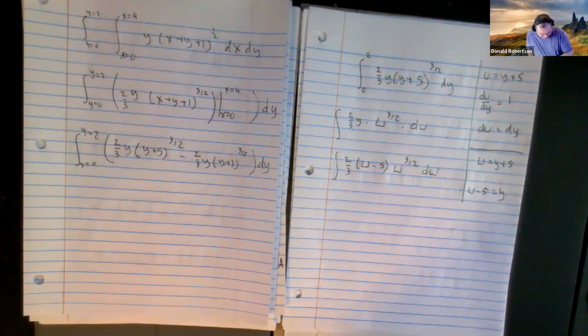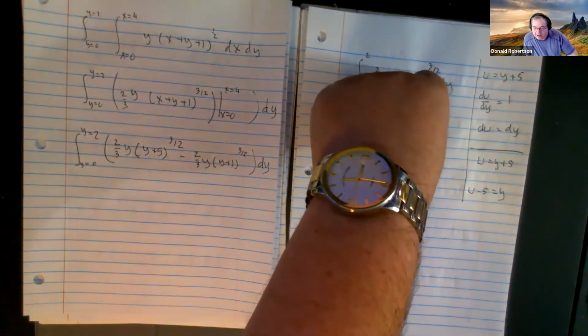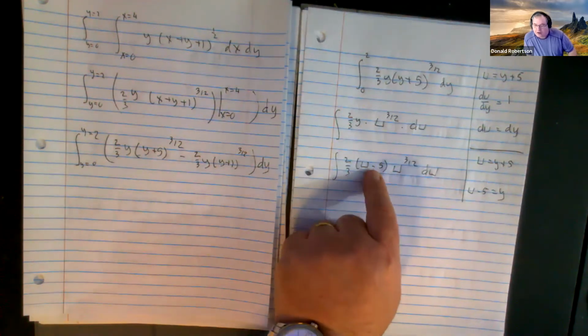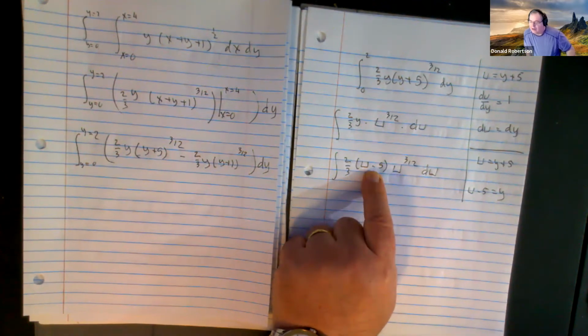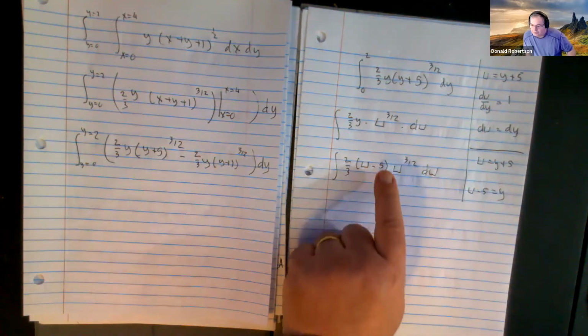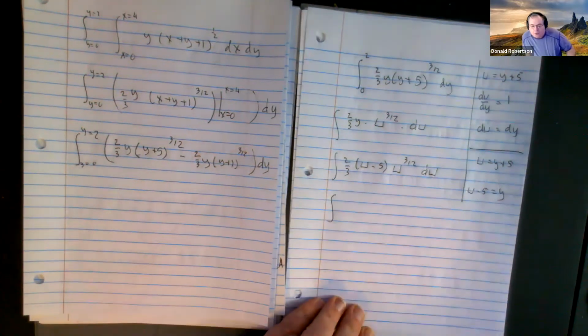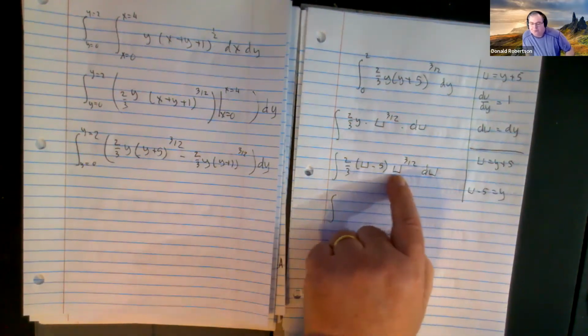And then again, you'll try and talk yourself out of it. You're going to say, ugly square root, 3/2, can't do it. Different looking ugly square root with 3/2, can't do it. That's not true. You can do this one, but you just have to do a little bit more work. What do you do next here?